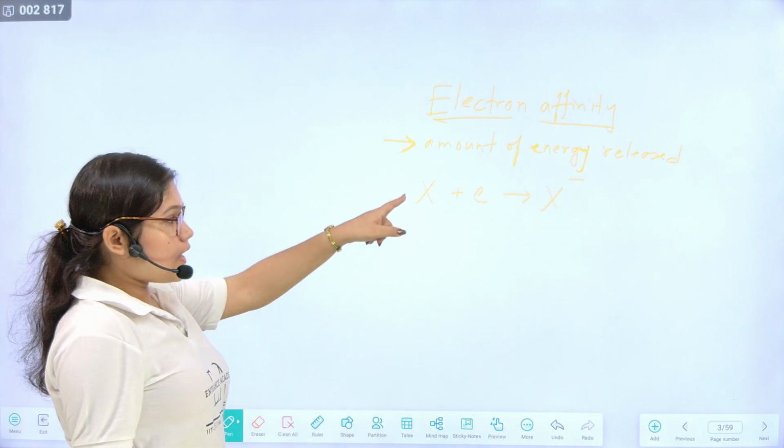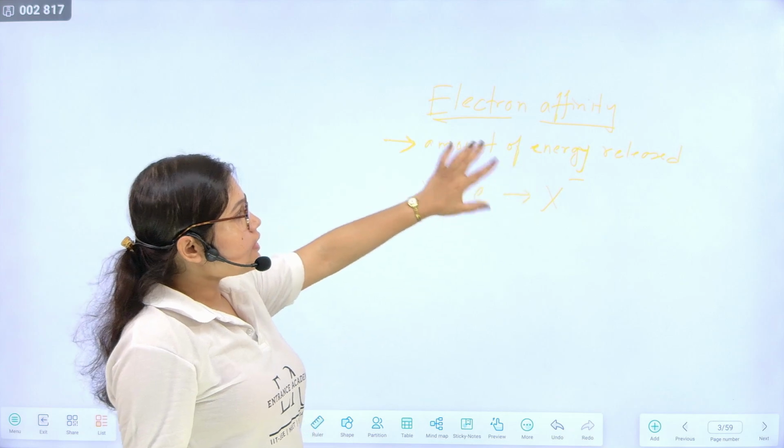If X is an atom, it accepts an electron to form an anion. That is the electron affinity.